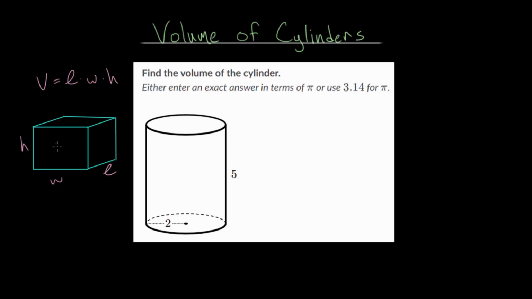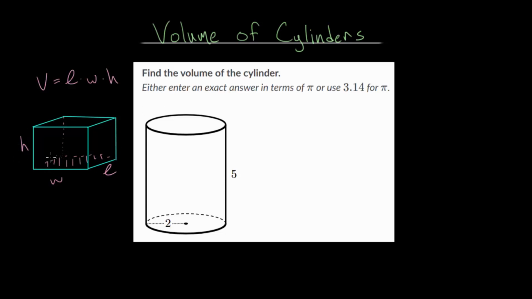Now, another way to look at this is if I draw essentially the bottom base of this prism, you could think of this volume formula as finding the area of this base and then multiplying it by the height.